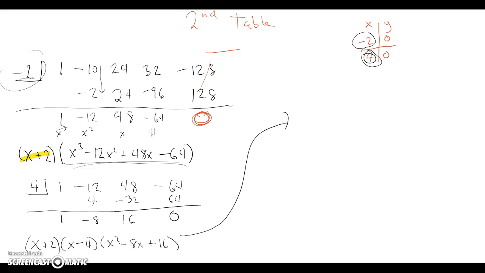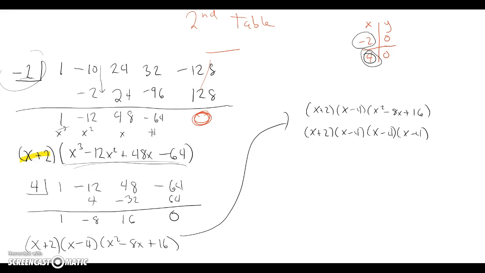So let's write that up here: I have x plus 2, x minus 4, and then x squared minus 8x plus 16. Now can I factor this? What are the factors of 16 that add to negative 8? That would be x minus 4 and x minus 4.